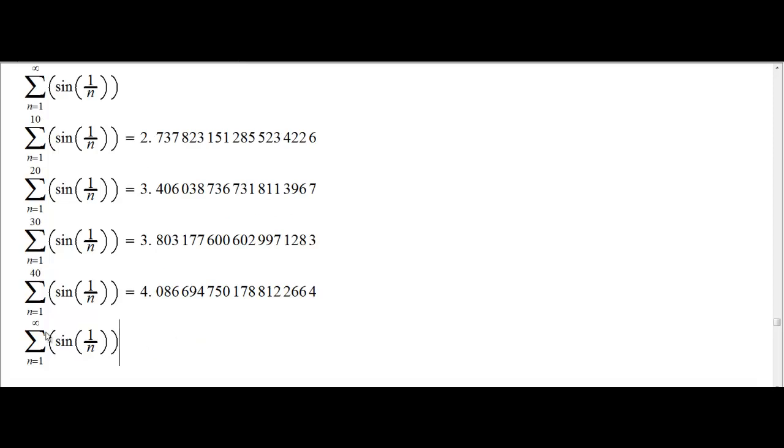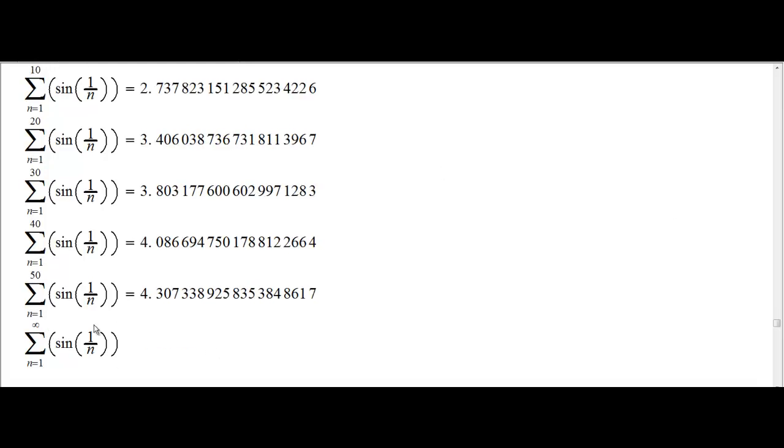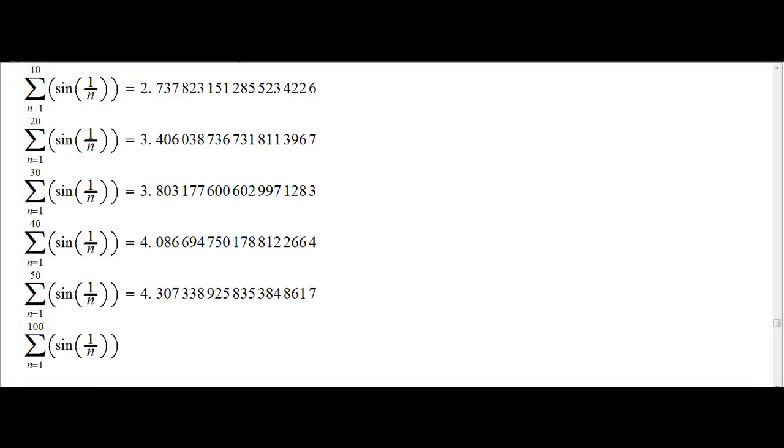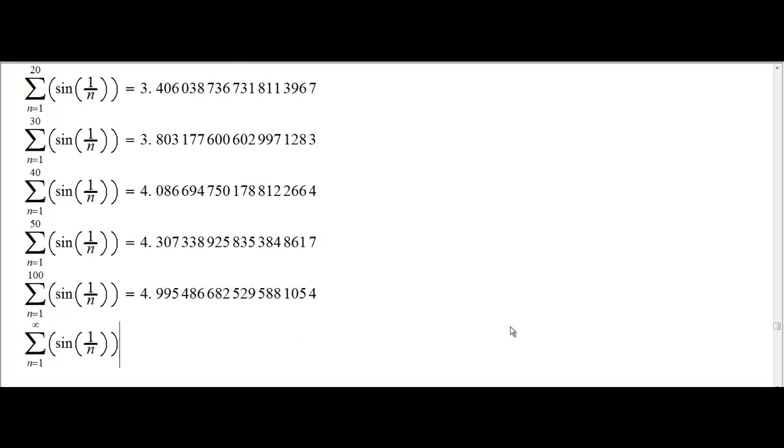If we go to, say, 50, it's still increasing. Let's go a little bigger. Let me save it here, because this package is a little temperamental. All right, it became bigger even. Let's go 1,000.